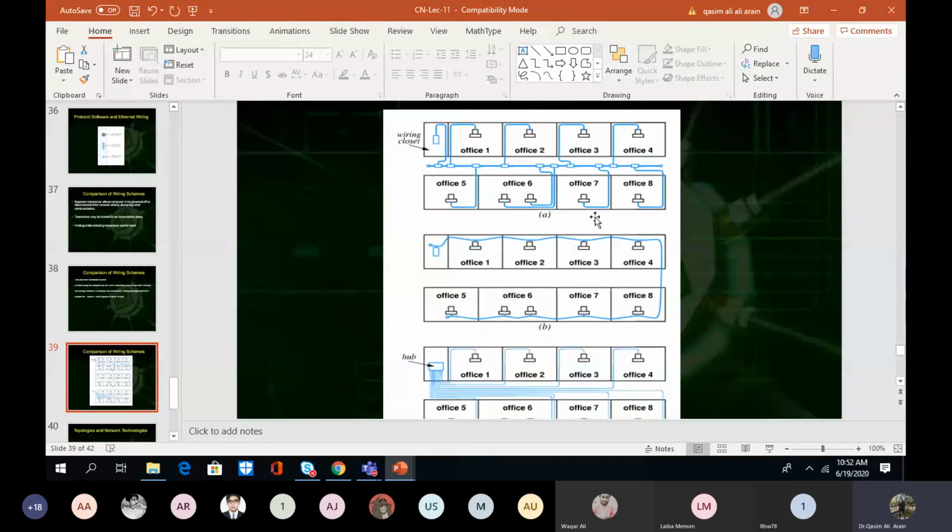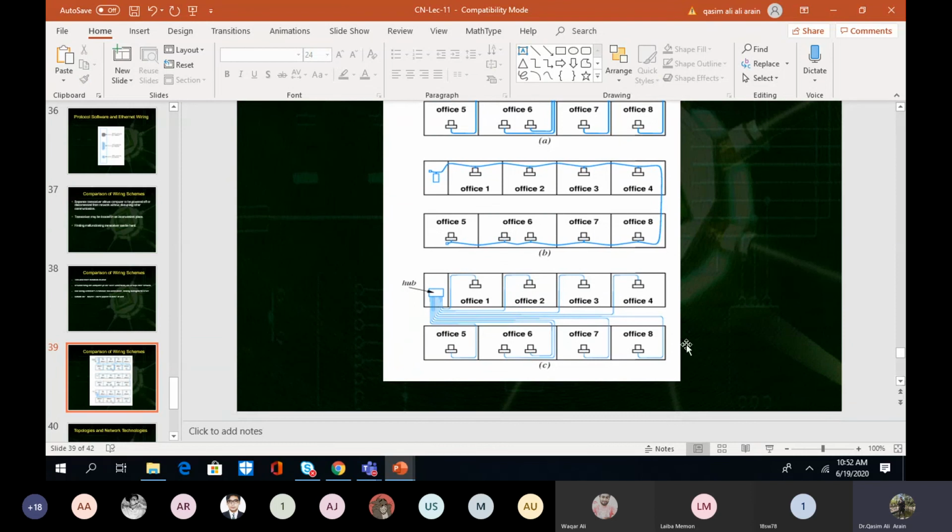In the wiring schemes, the upper wiring is all for thicknet, this one, right? And this is for thinnet, this one, and this is for 10BASE-T. Okay. The last one: A is for thicknet, B is for thinnet, and C is for 10BASE-T sort of network, where you have the hub and all the computers are connected with that particular hub.